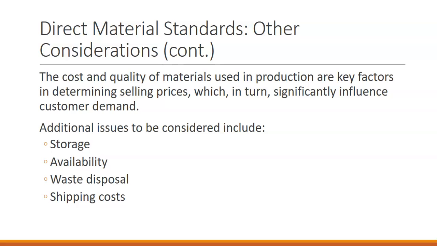The cost and quality of materials used in production is key in determining our prices, especially when we're using full cost to determine what our eventual selling price is. It also can affect customer demand. We might have customers that will pay more for higher quality, or our customers might be looking for just the lowest cost.